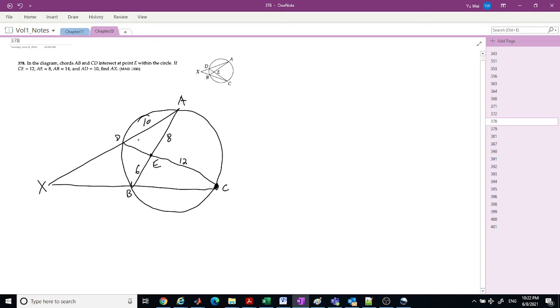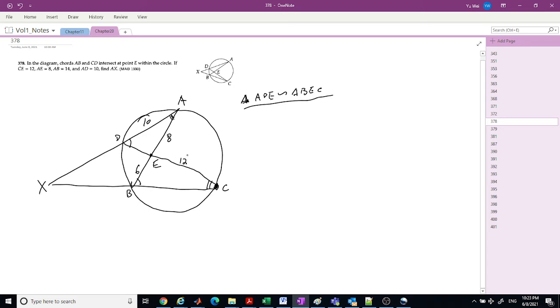So we know we have the triangle. You can see this angle equals this angle equals this angle. So we know triangle ADE is similar to triangle BEC.